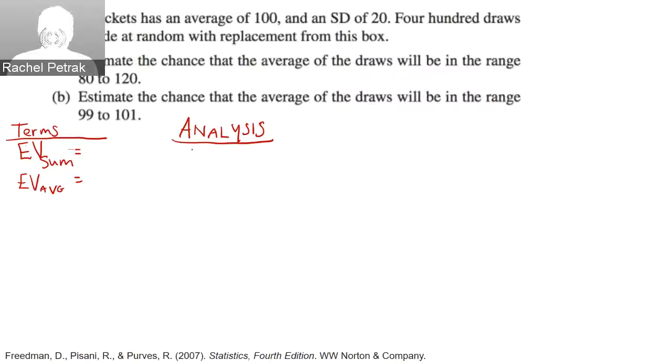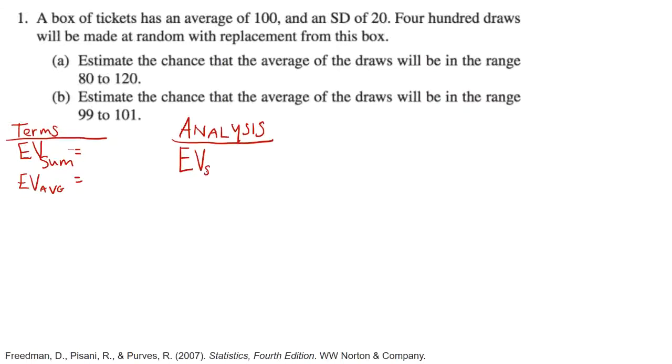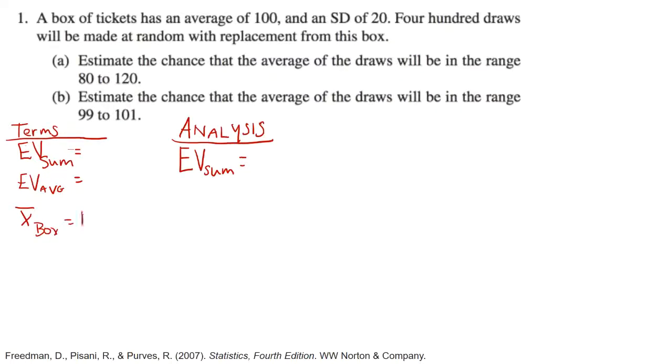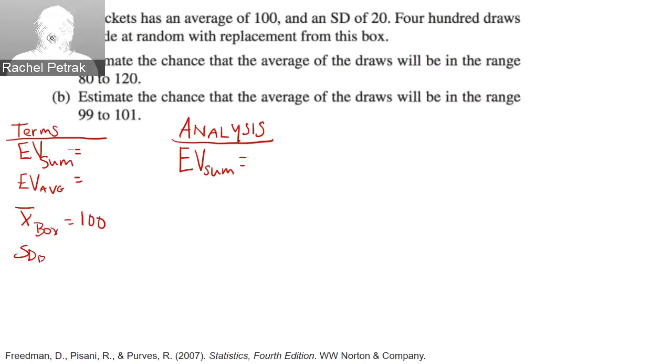Let's see here, the expected value of our sum. We have 400 draws, so we know the mean of the box is 100. We know already the standard deviation of the box is 20. Excellent.